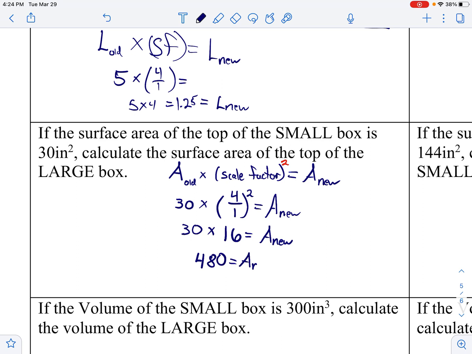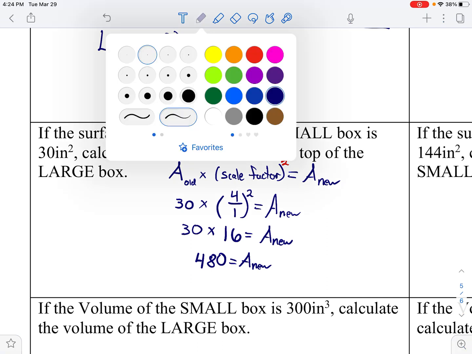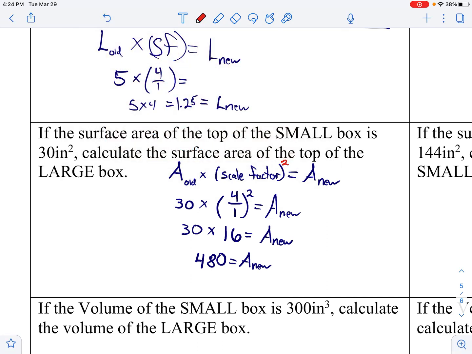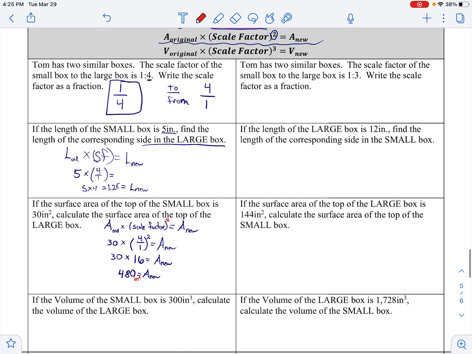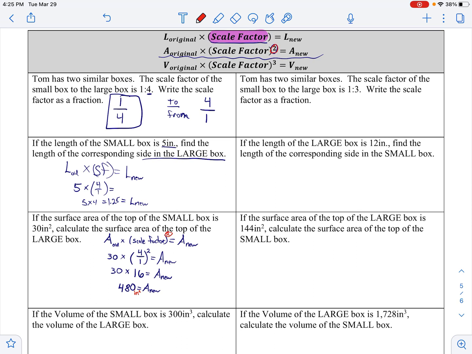Equals my area new. Now my units, it's worth pointing out, it's still inches, but it's going to be inches squared. So anytime I'm dealing with area, not only do I have to square my scale factor, but my units will also be squared.